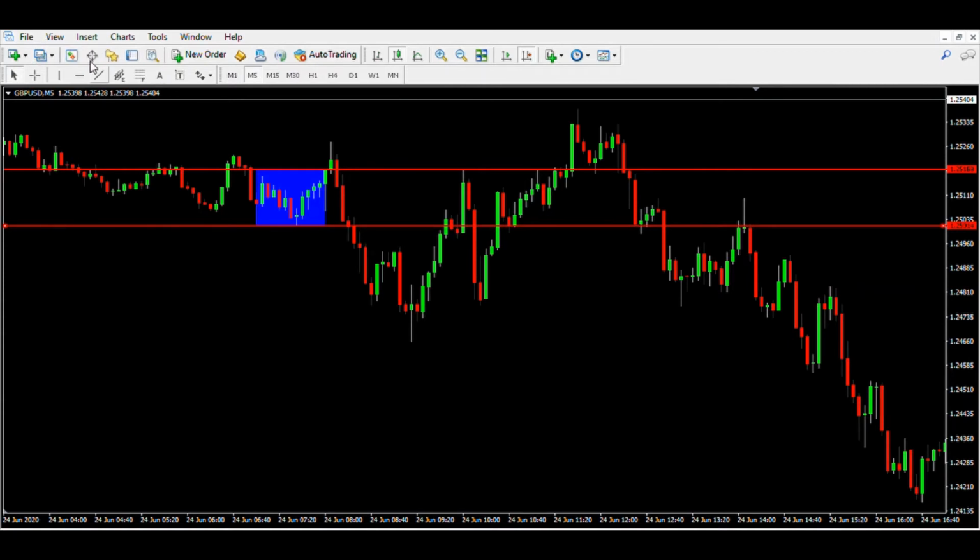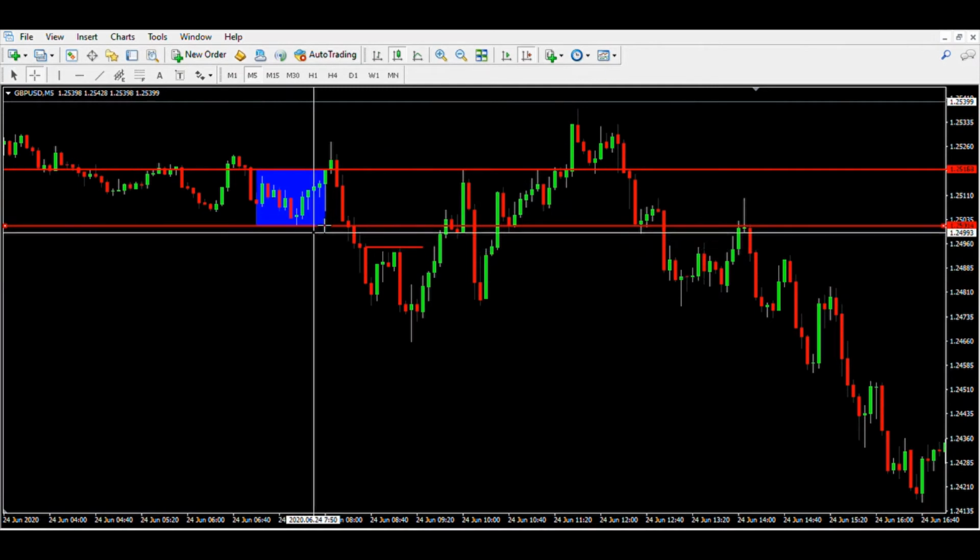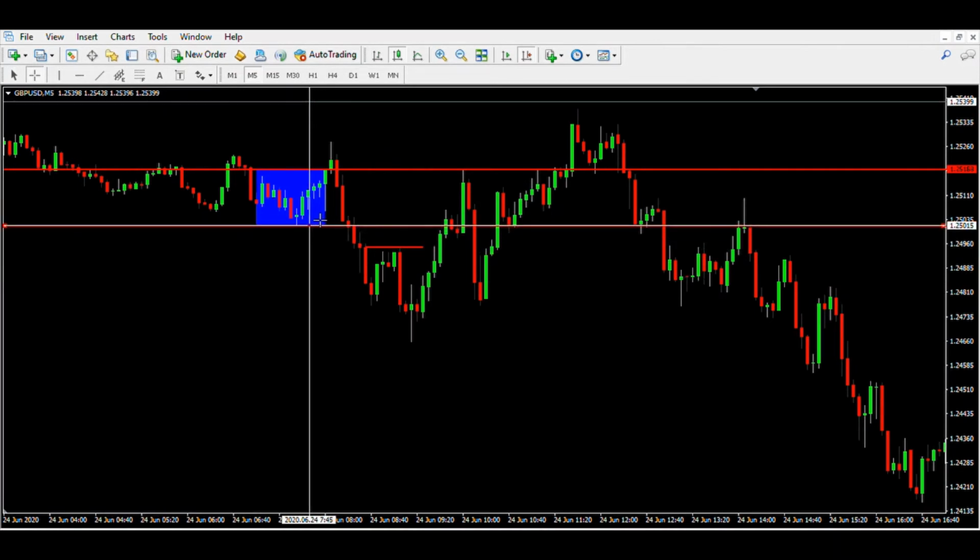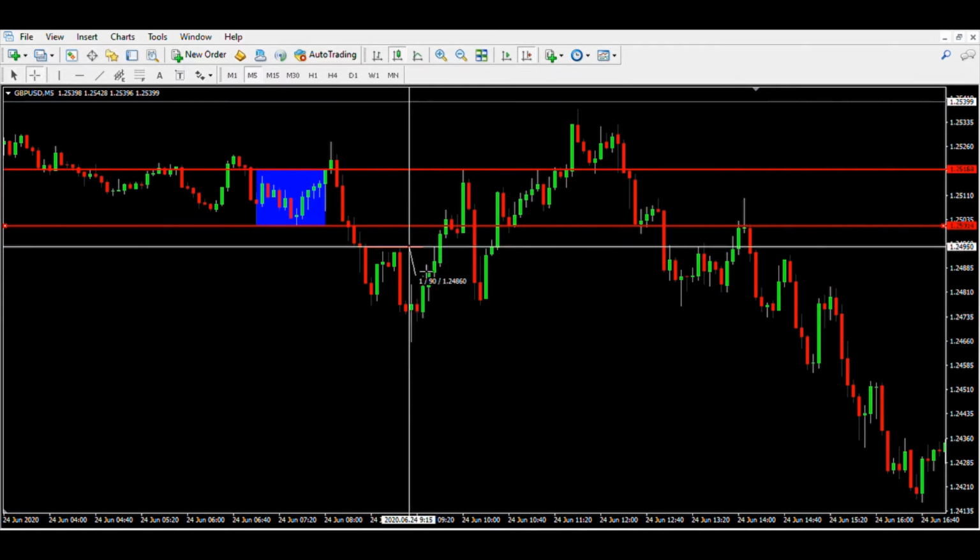You will be entering at this candle here, and for your take profit will be the size of this box, which is 17 pips. You measure 17 pips from your entry, which is here. You have gotten 17 pips.